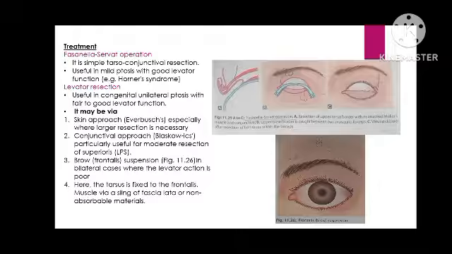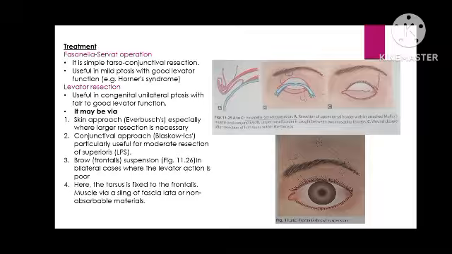To assess the levator muscles, the brow is immobilized by pressure with the thumb. We want to give pressure to the brow with the thumb. The patient is asked to look down and then look up.